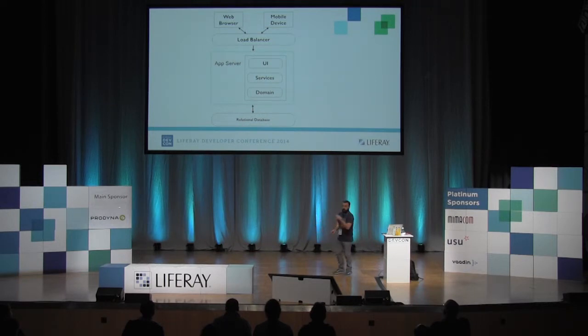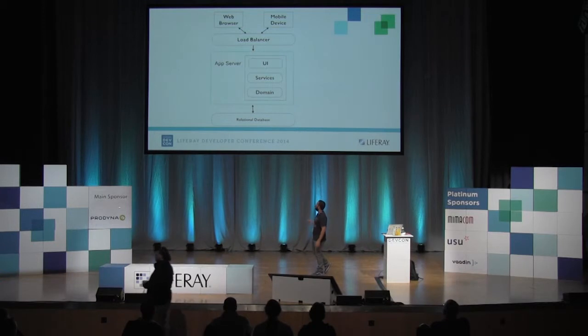But I guess for the Ruby guys, for other platform guys, it's exactly the same. I have a database, and I have an app server where I put all my logic, all the UI, all the services, all my model, all my domain, and when I move into production, I maybe put some load balancer in front, and my clients just communicate to it, okay?